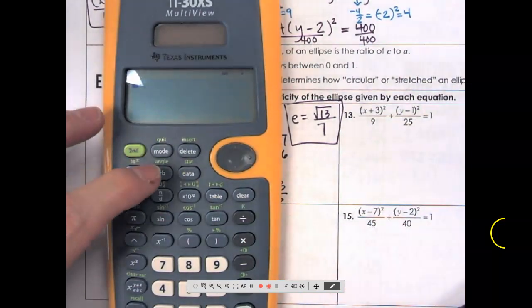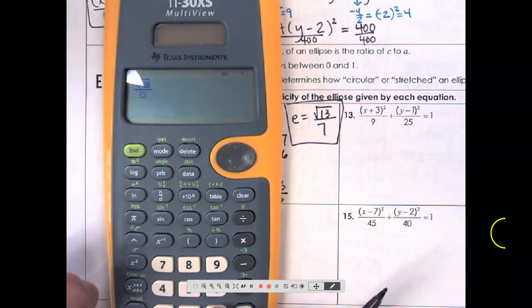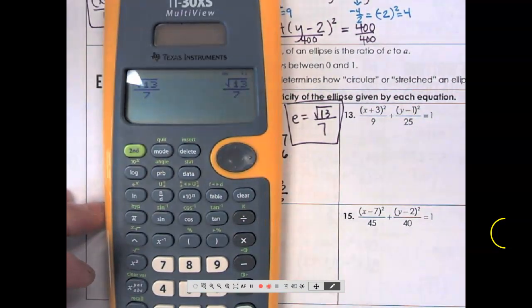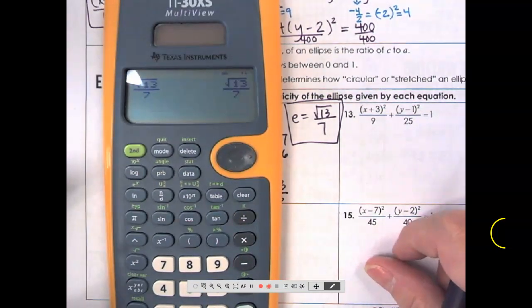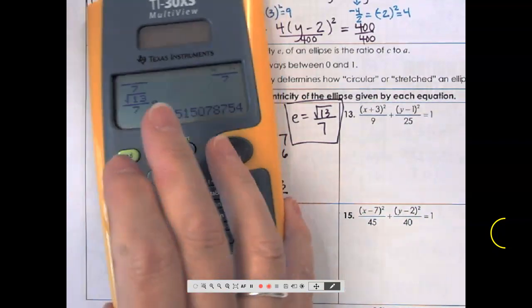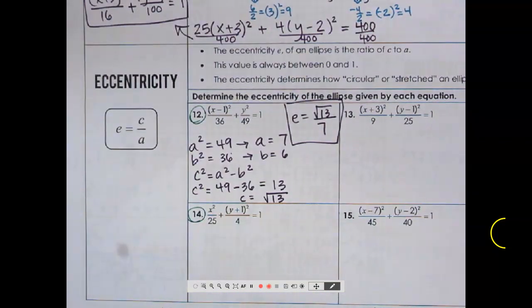So let's see what the square root of 13 over 7 equals. Oh, it's the square root of 13 over 7. Of course. Let's get a decimal. Oh, so it's kind of right exactly in the middle of being circular or flat, because that's about 1/2 or 0.5. Okay, so it just gives you an idea without graphing of how rounded or flat it is.